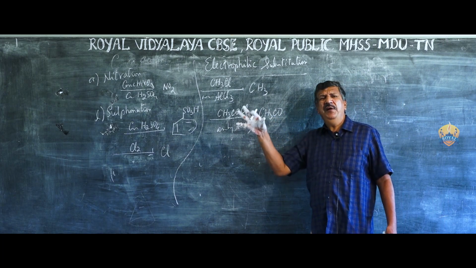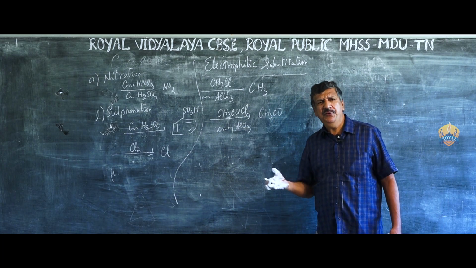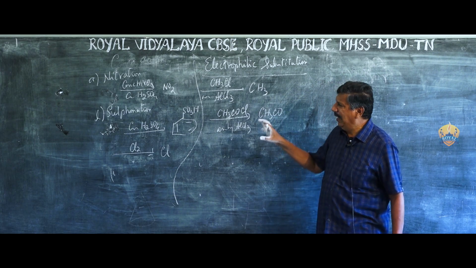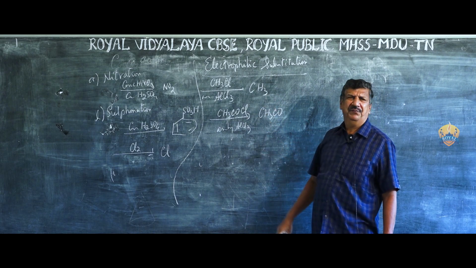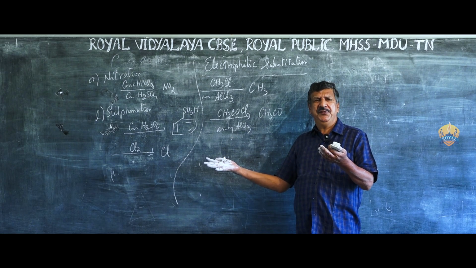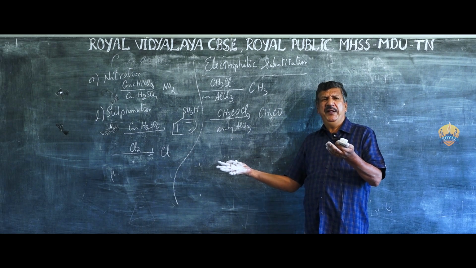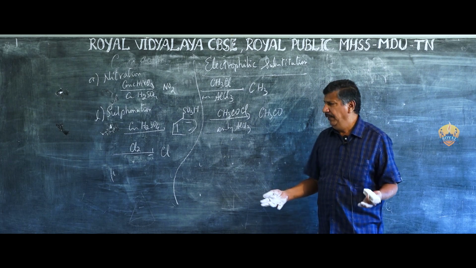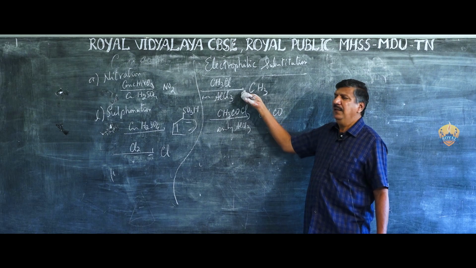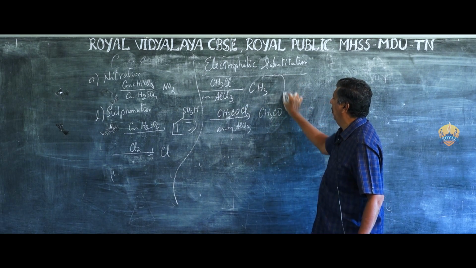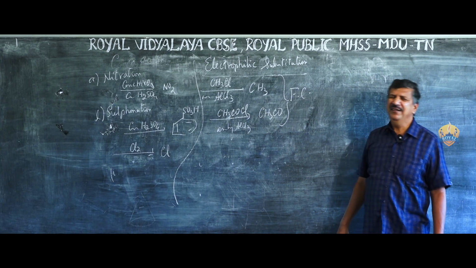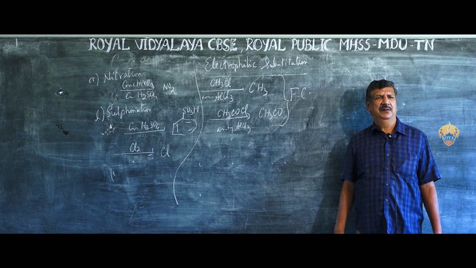But regarding the full reaction, I will teach you when you go for the lessons. Now, I am just telling the general idea. Nitration means NO2, sulfonation means SO3H, halogenation means Cl, and alkylation means methyl. These two are called Friedel-Crafts reactions.